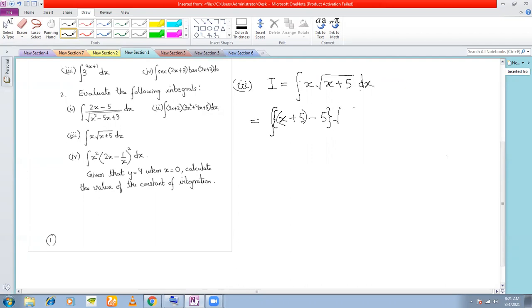And you have root x plus 5, you write as it is, dx, right?